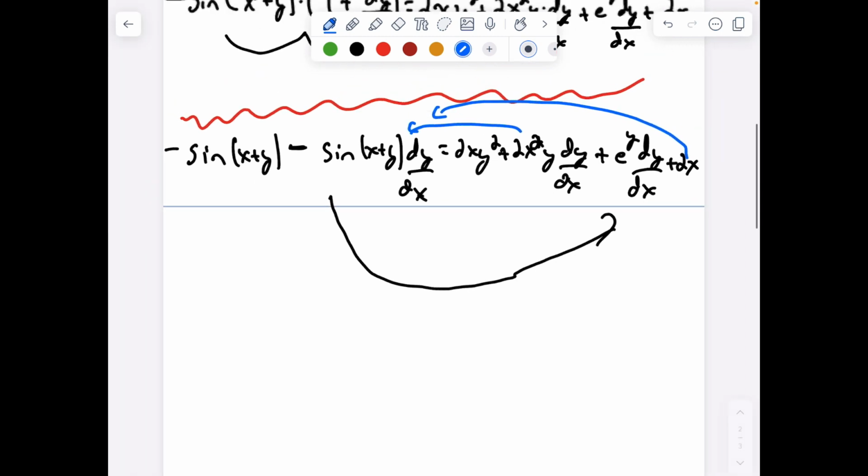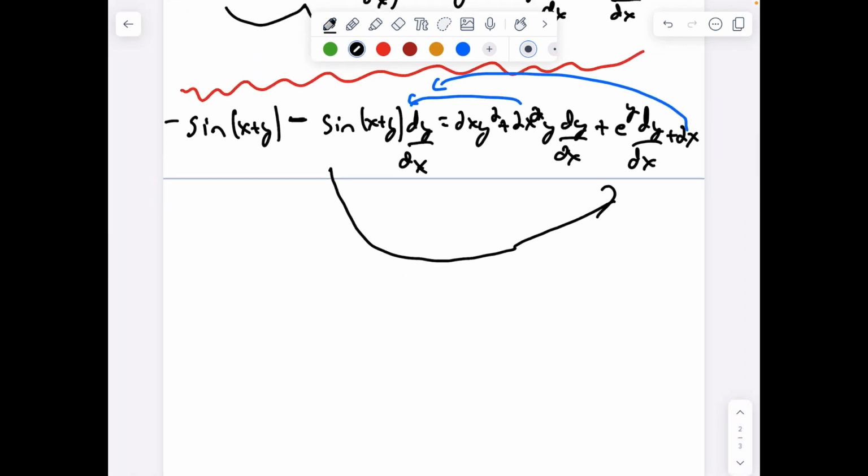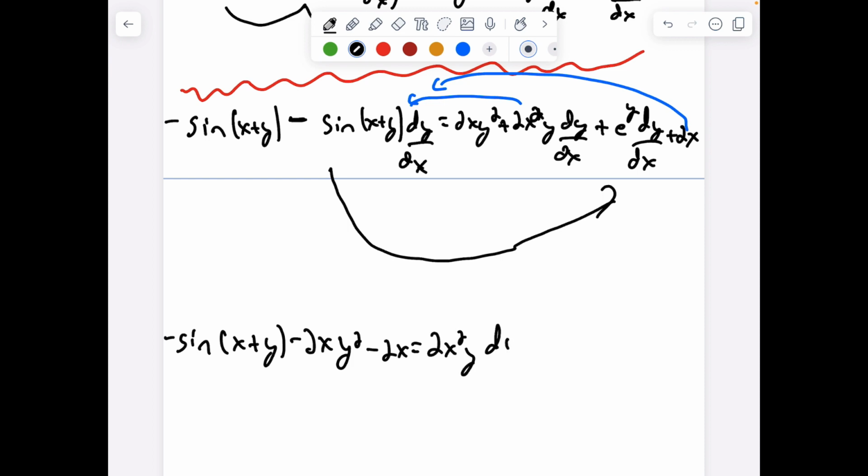I think this is just the easiest thing to do. So let me write that down. I would have sine of (x plus y) minus 2x y squared minus 2x equals 2x squared y dy/dx plus e to the y dy/dx plus sine of (x plus y) dy/dx.